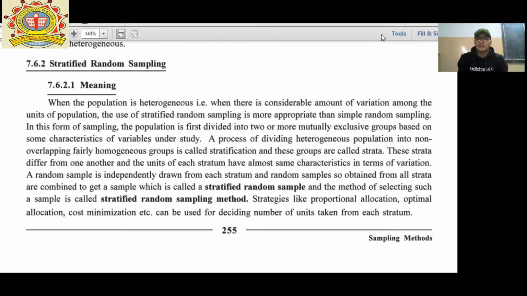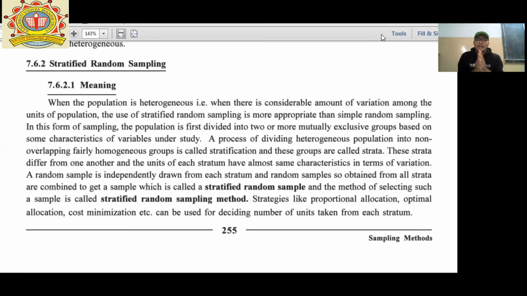The process of dividing a heterogeneous population into non-overlapping, fairly homogeneous groups is called stratification, and these groups are called strata. It means if there are different kinds of population, then we have to identify all the members who belong to one common group, and second, all the members who belong to another common group.